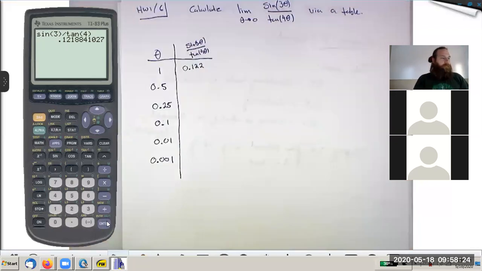Yeah, that's fine. And then if I plug in 0.5, that will be the sine of 3 times 0.5 divided by the tangent of 4 times 0.5.